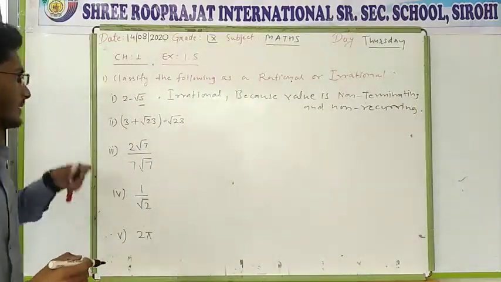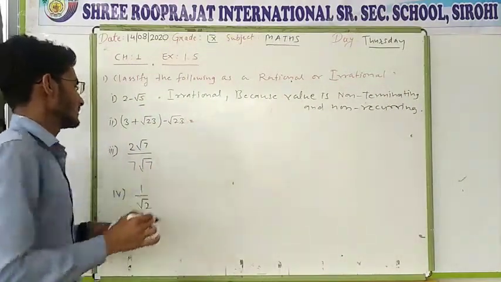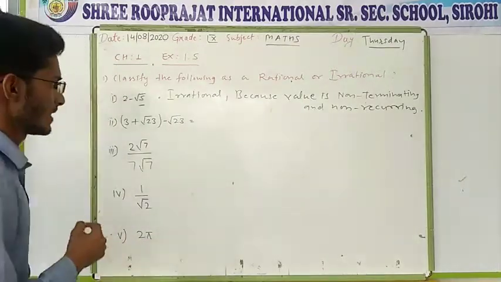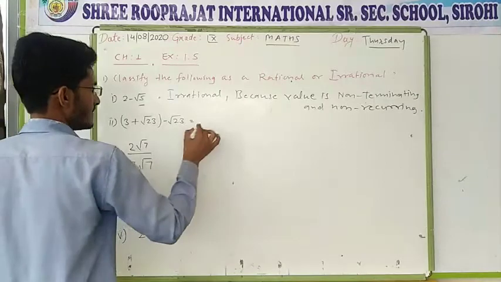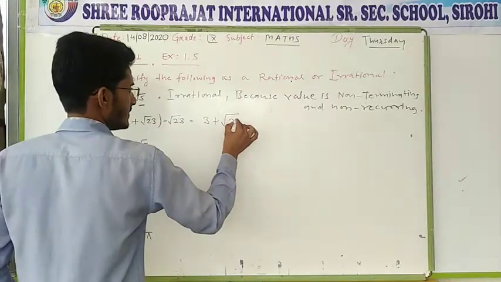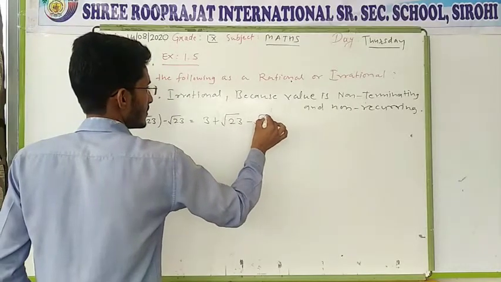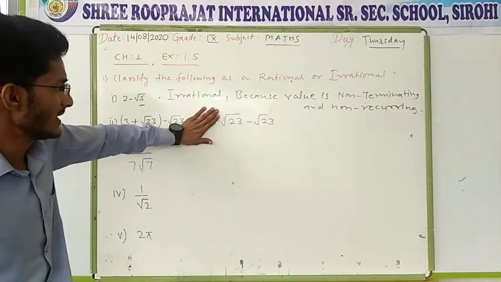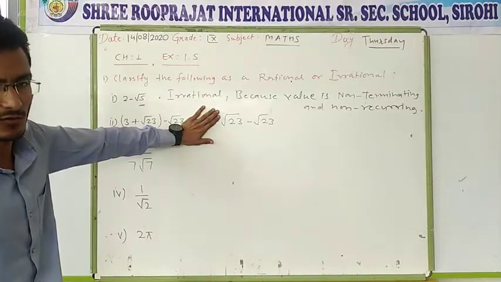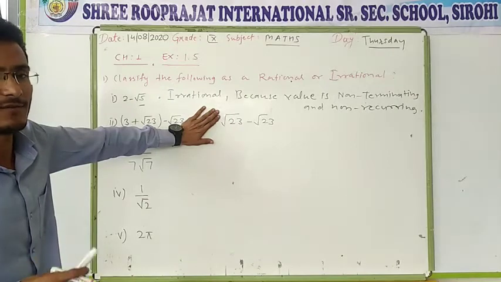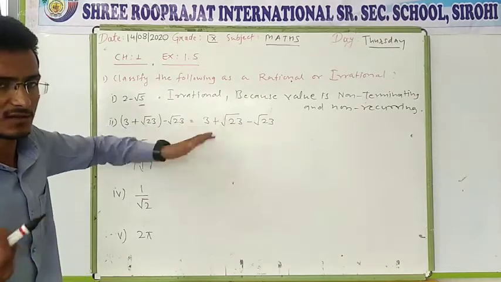Okay. Next one, 3 plus root 23 minus root 23. First of all, we have to remove the bracket: 3 plus root 23 and minus root 23. Suppose there is no 3, then root 23 minus root 23 you will get 0. Like you have 5 rupees and you purchase an article of 5 rupees, how much amount is left? 0.